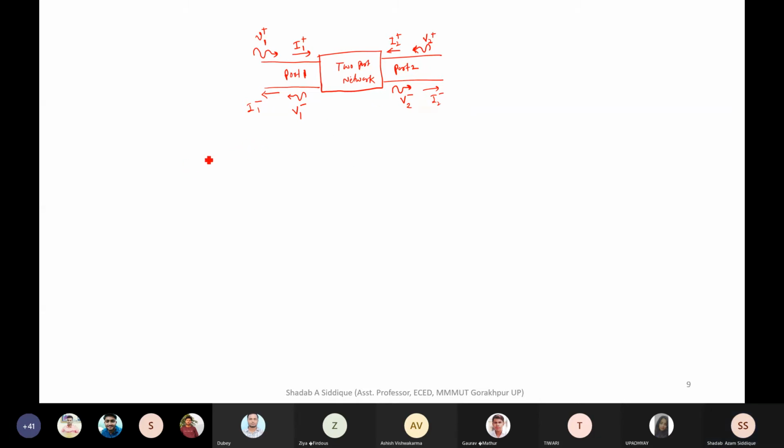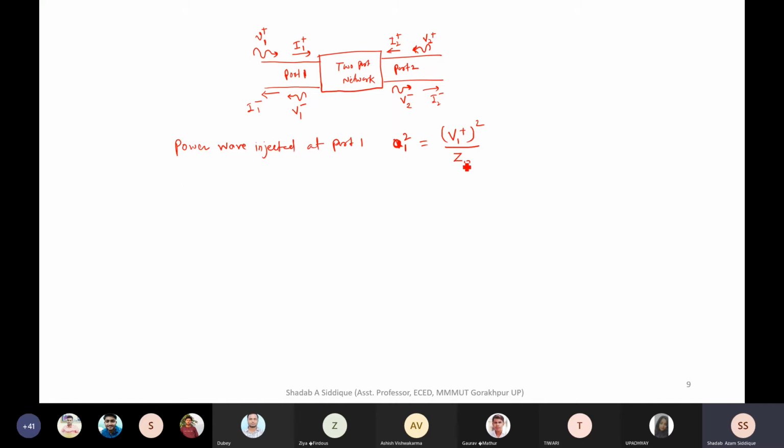Now, if we want to calculate the power wave injected at port 1, it is called A1 square, and it is represented as V1 plus whole square divided by Z naught, like the power V square by R. Z naught is the characteristic impedance of the two-port network.